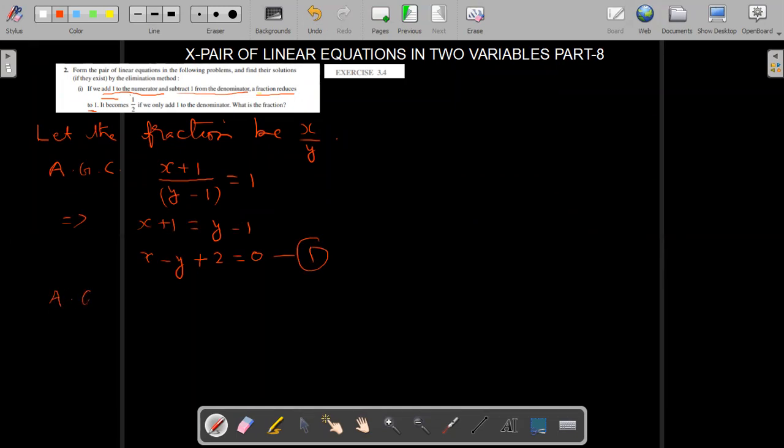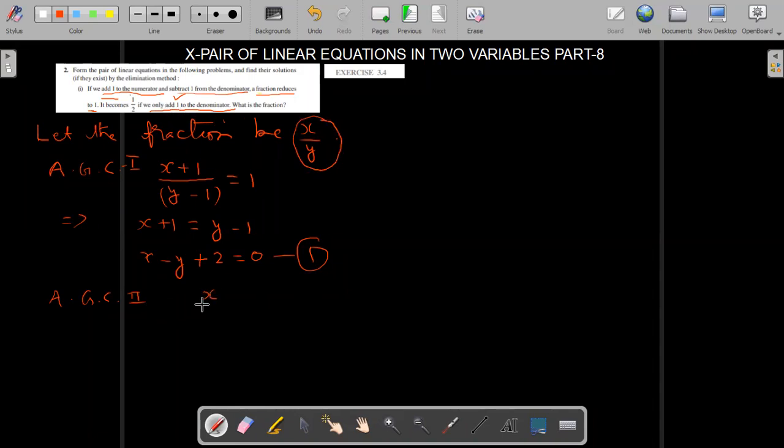Okay. According to given condition number 1, we get the first equation. Condition number 2 says it becomes 1 by 2 if we add only 1 to the denominator. Means the numerator should not be changed, only add 1 to the denominator.